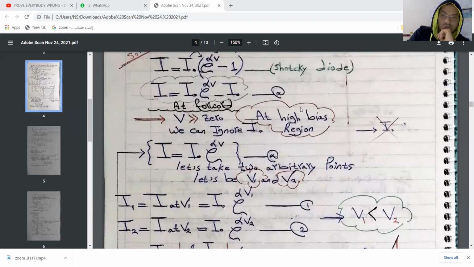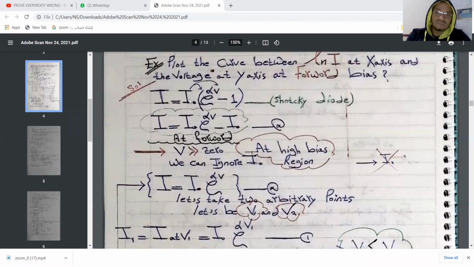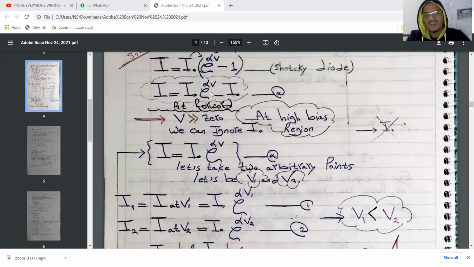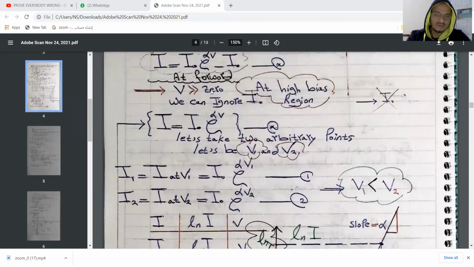At forward bias, we know V is a hugely positive amount. That means here we can ignore the minus 1, ignore the saturation current term, and the current equals the saturation current times exponential alpha V, because the exponential of V dominates.